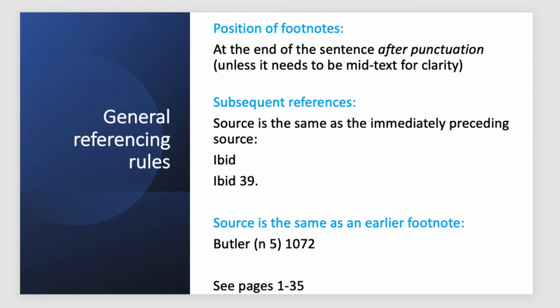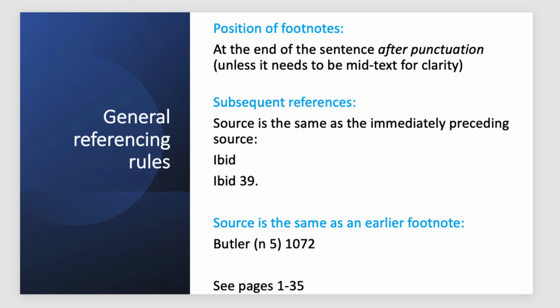Moving on to referring to previously cited sources, where the source is the same as that in the immediately preceding footnote, we use IBID. So let's say that you're just about to write the footnote reference for footnote 10. If footnote 10 is the same as footnote 9, which is the immediately preceding footnote, you would use IBID in footnote 10.